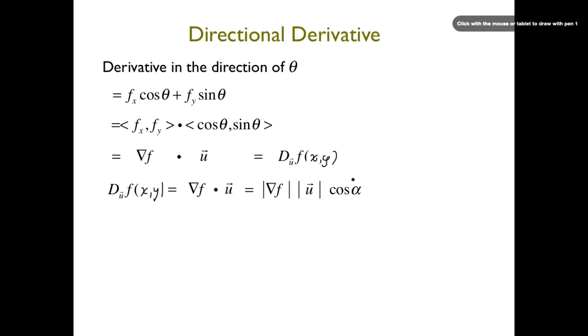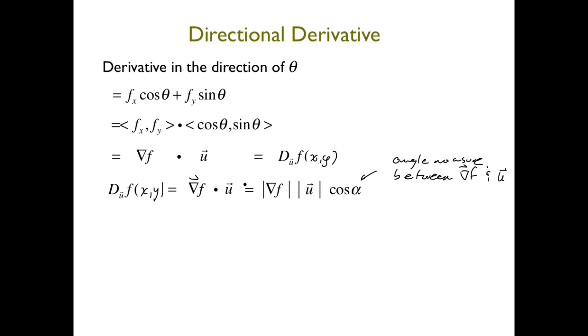This is the angle measure between the gradient and the unit vector. When you write the gradient, you want to write it with a vector over the top because it's a vector.